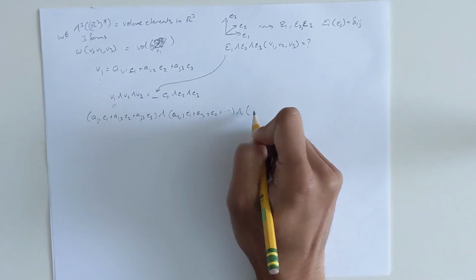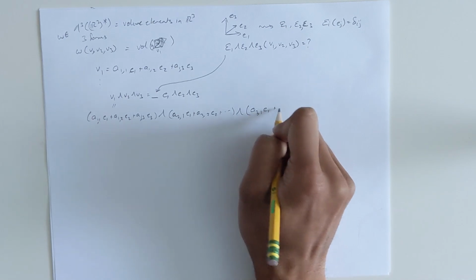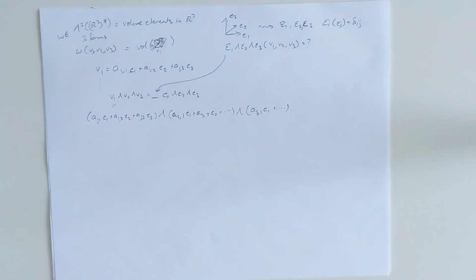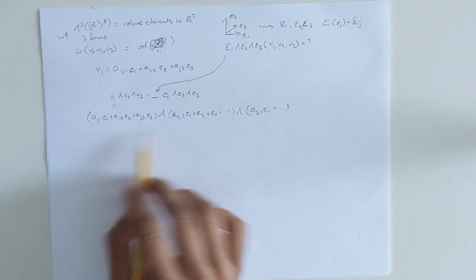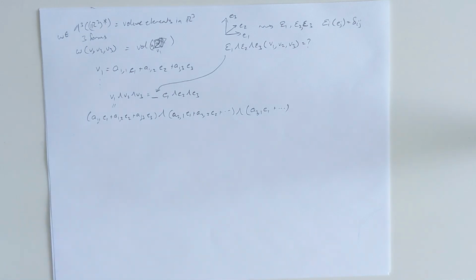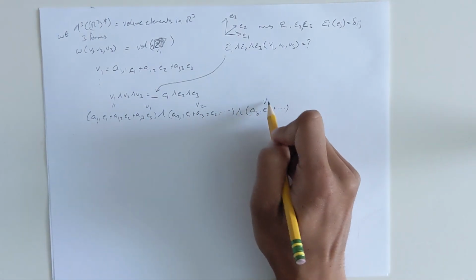And then you wedge this one into A31 E1 and then plus the E2 and E3 terms. So this is just expanding the vectors Vi into the basis and then just putting that all in here. And so this first guy is V1, the second one is V2, and the third one is V3.